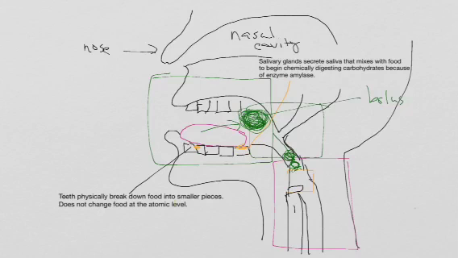This is your trachea. This is your esophagus. So it causes the bolus to be forced down the esophagus. It causes the liquid or the solid food that you're consuming to be forced down the esophagus. It blocks it from entering the trachea so you don't choke.